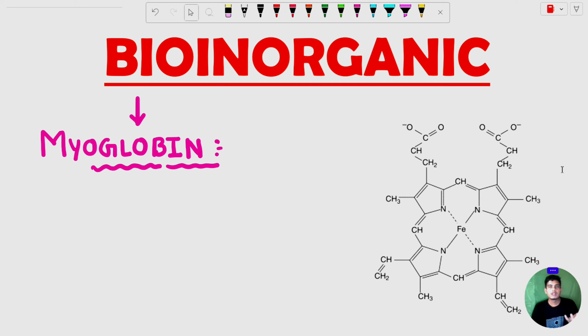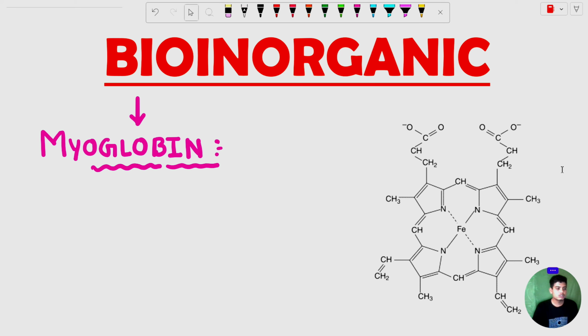Oxymyoglobin is when you have simply included oxygen in myoglobin, and this whole procedure is known as oxidation of myoglobin. If you have a non-oxidized myoglobin, then you simply add the oxygen molecule, and after adding the oxygen molecule into the myoglobin, it is converted into oxymyoglobin.